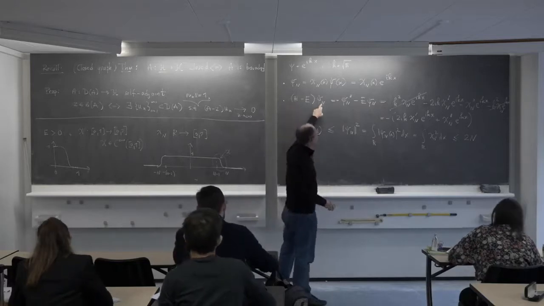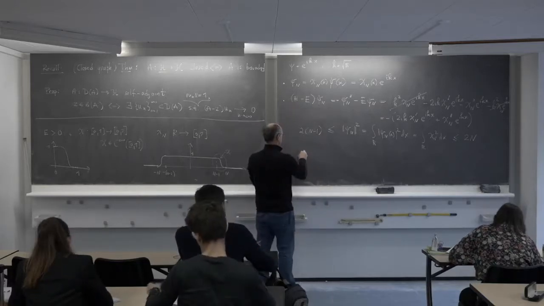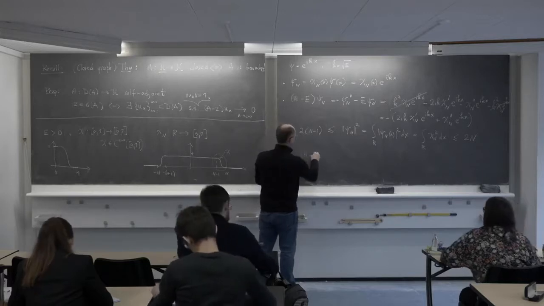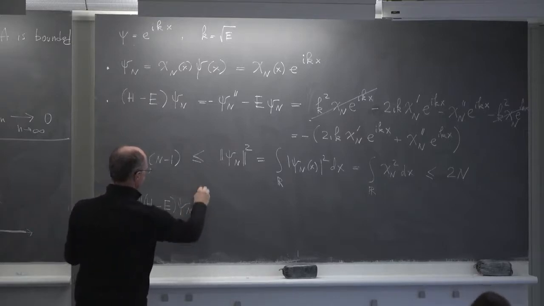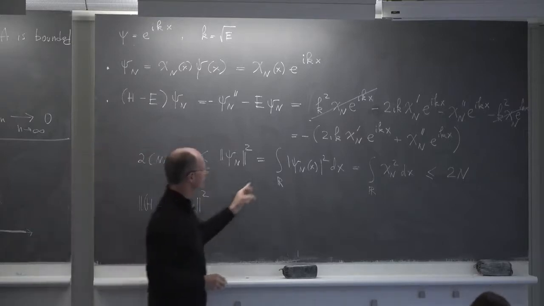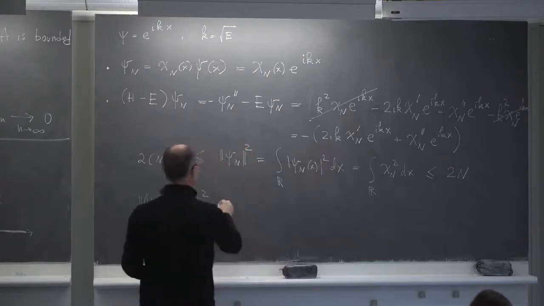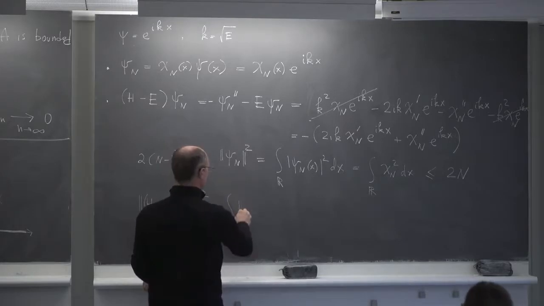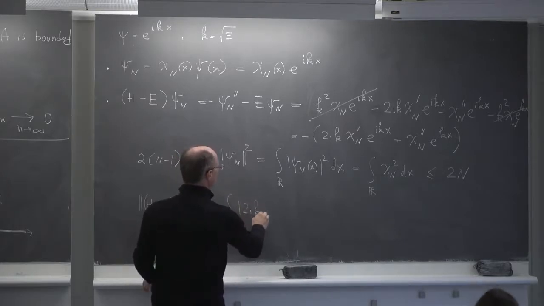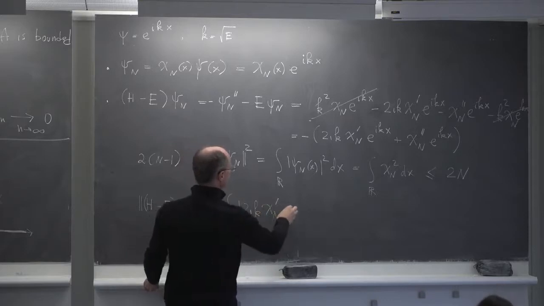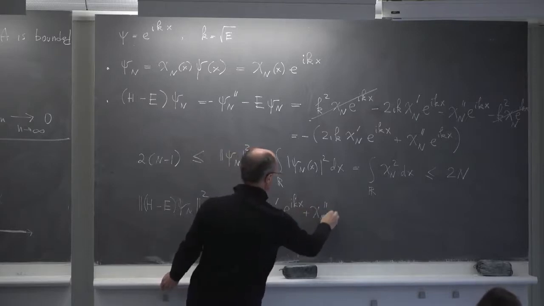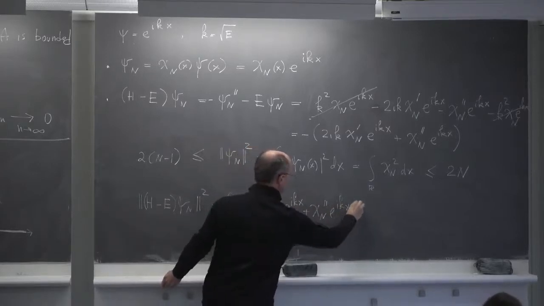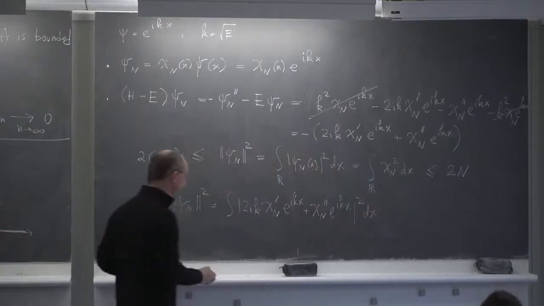Now what about the L2 norm of this guy? So that's the L2 norm of this thing. This is equal to the integral of 2ik chi n prime plus chi n double prime, squared, dx.